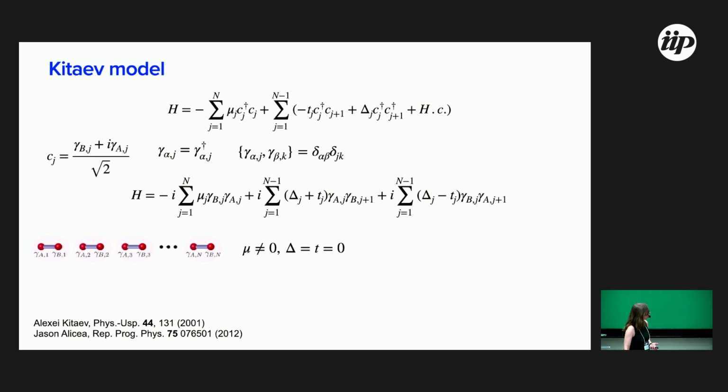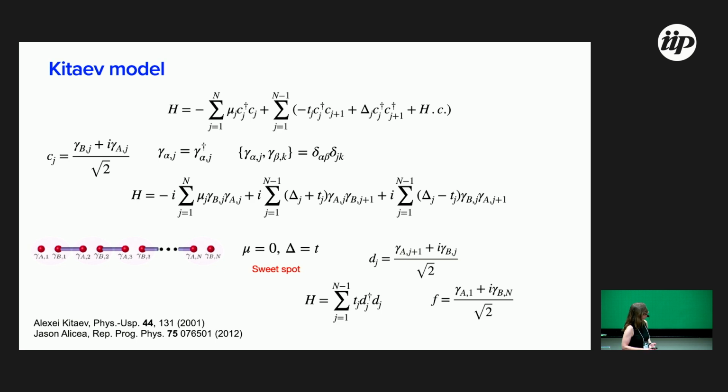The other regime of the Kitaev model is when you put mu to 0, and you choose delta equals t. In this case, you kill this term and this one. And what you see here is that you end up with a chain in which there is coupling between the sites, between one of the Majoranas and the other one. But these two here are unpaired.